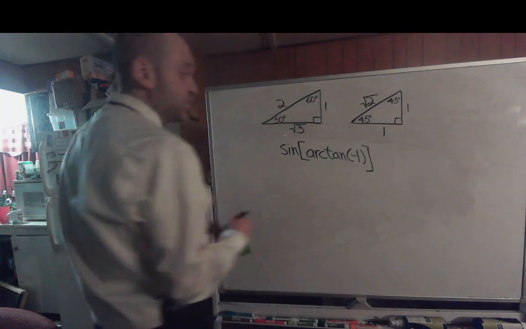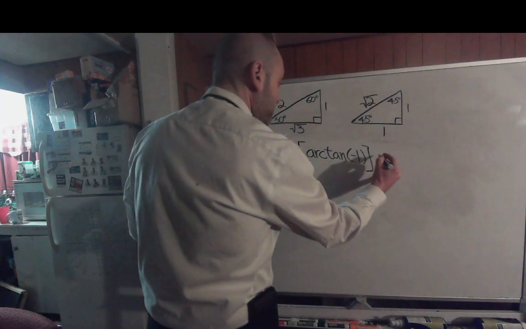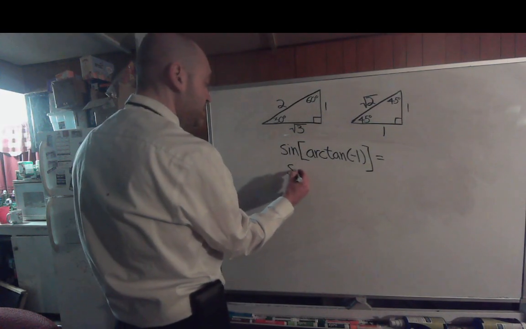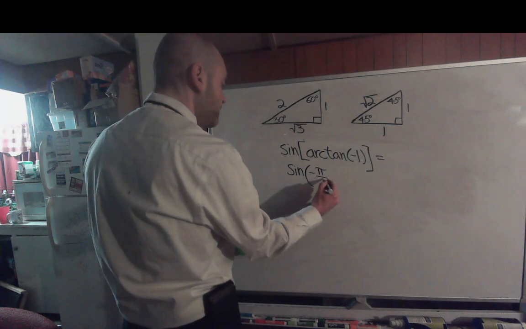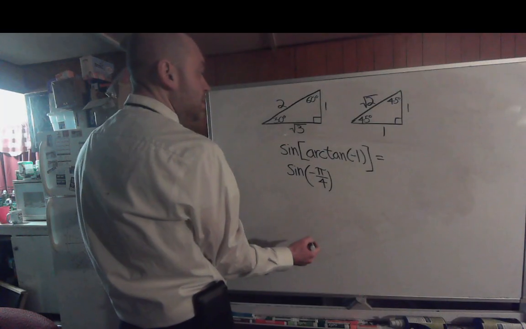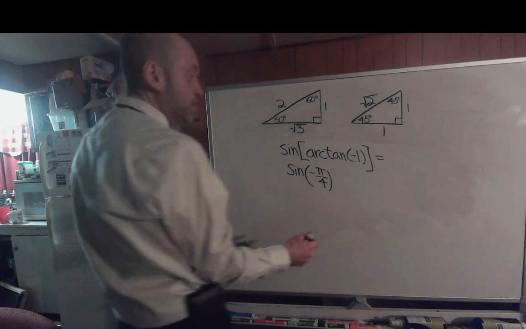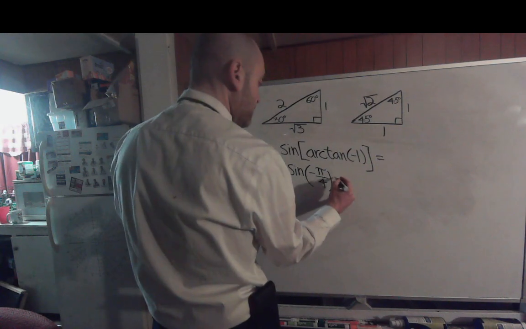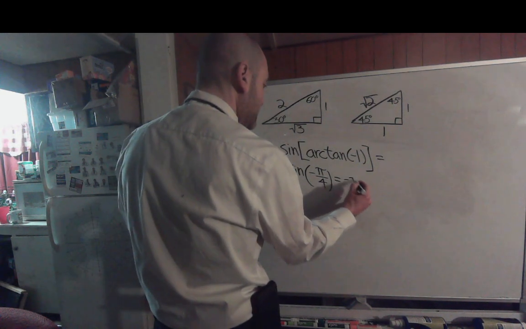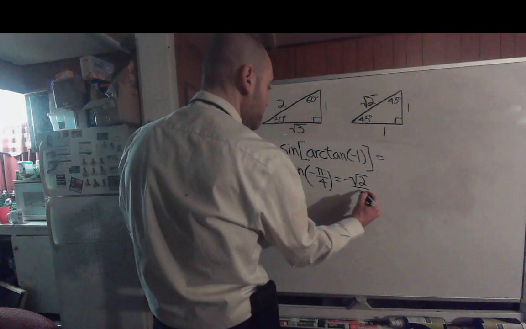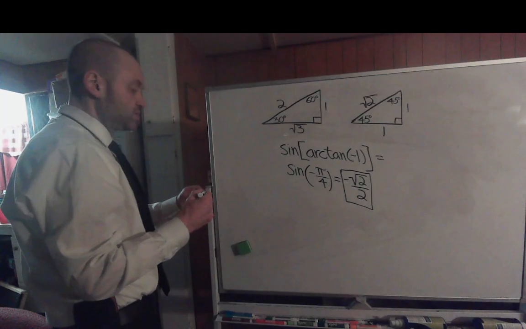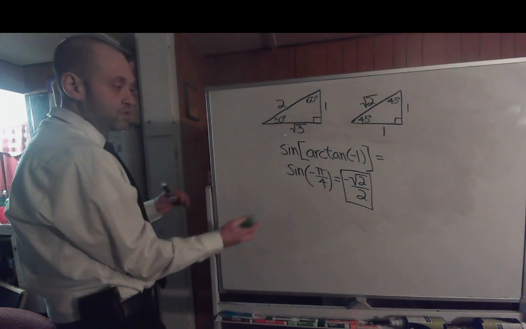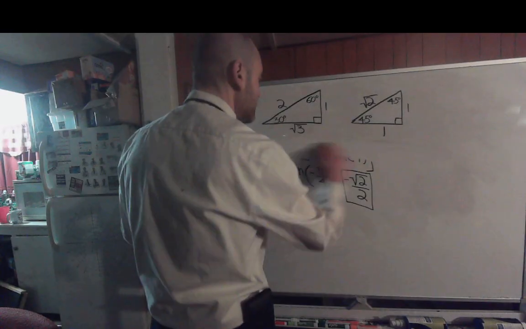So arctangent of negative 1, that's negative pi over 4, right? So this would become the sine of negative pi over 4, which is a 45-degree angle. So that would be the square root of 2 over 2, and if you negate that, you would get negative square root of 2 over 2 for your answer. And I got two more.